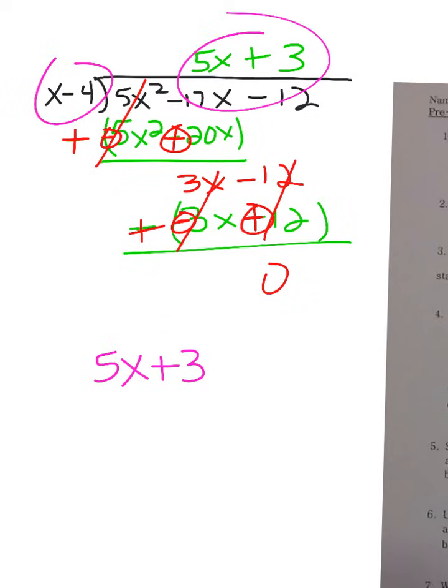Okay, let's try the next one. All right, so my divisor is x minus 2. And my dividend is x to the 4th plus 5x cubed plus 6x squared minus x minus 2. All right, so x times what gives me x to the 4th?